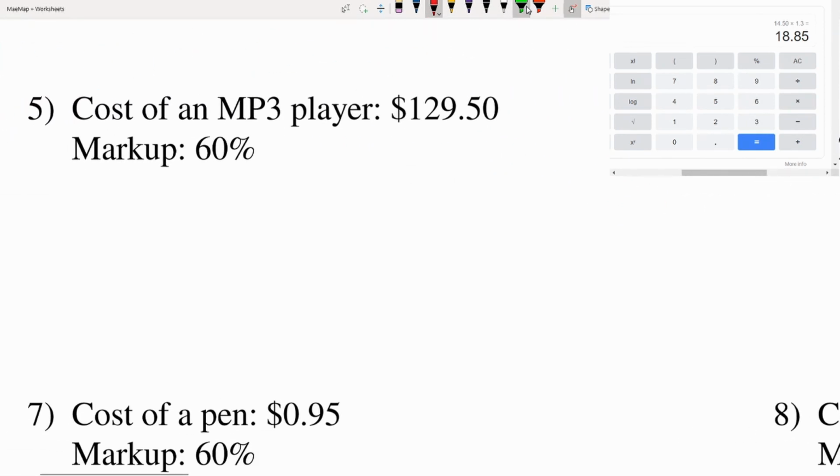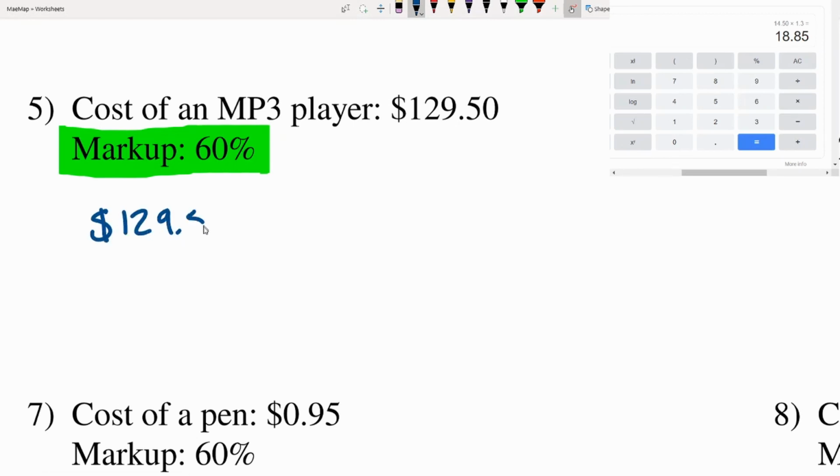And number 5, the cost of an MP3 player is $129.50 with a markup of 60%. I don't even know if most of you know what MP3 players are because they're a little old school, but we'll take that original purchase price of $129.50 and we'll multiply it by 1.6, or 1.60, changing that 60% to a decimal and adding it to 1.